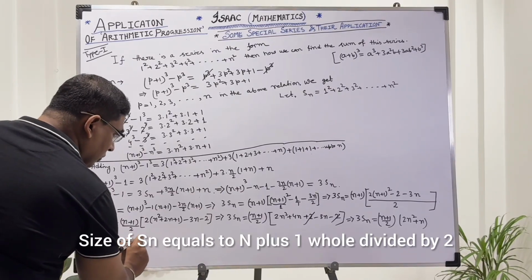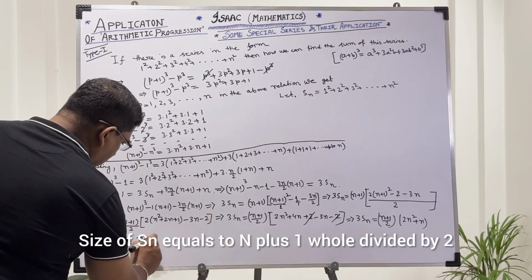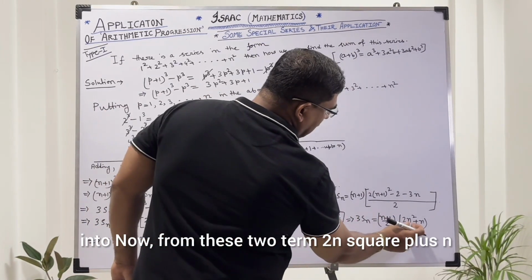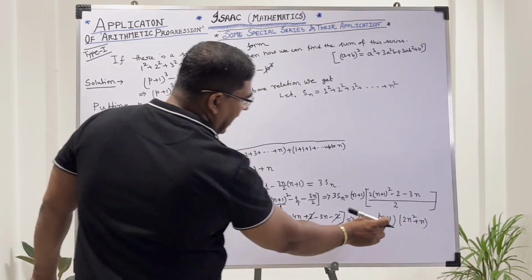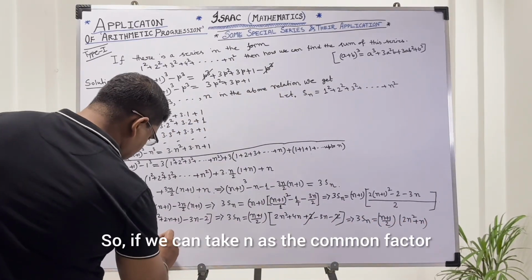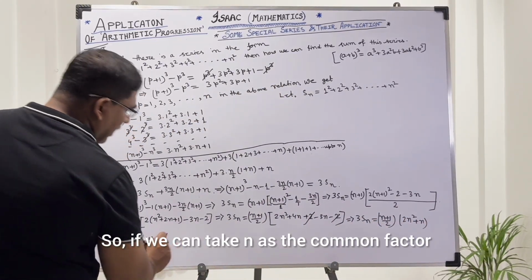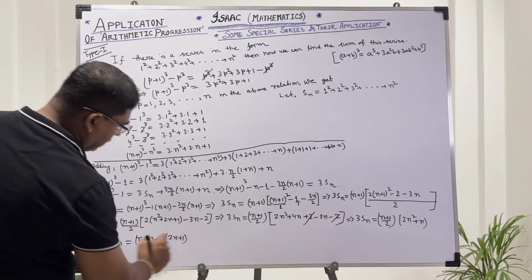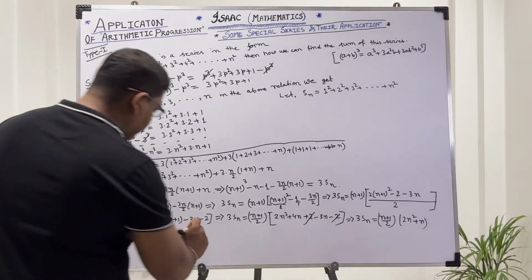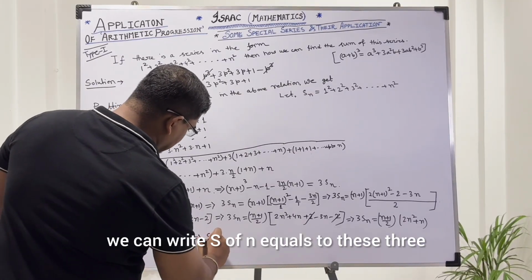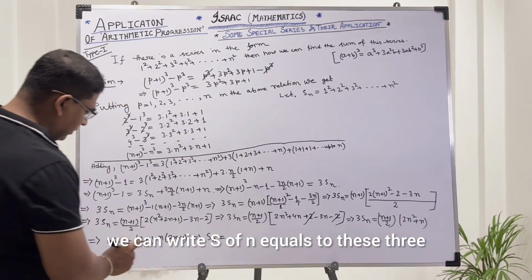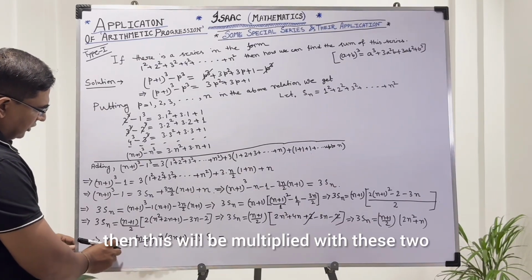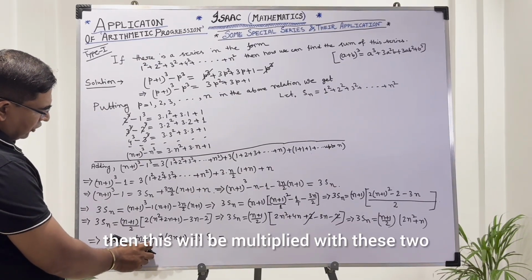Thrice of Sn equals (n plus 1) whole divided by 2 into, now from these two terms 2n square plus n, n is the common factor. So if we take n as the common factor, then the rest of the term will be 2n plus 1. Okay, so finally we can write Sn equals these three. When 3 goes to the right hand side, then this will be multiplied with these two.